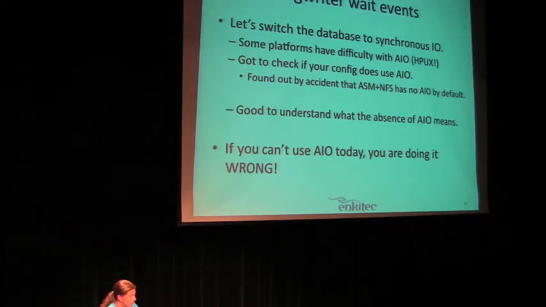Purely by accident, I found out that if you use ASM on top of NFS, so you create files, and you leave asynchronous IO set to true and think you're doing asynchronous IO, but you have file system IO options set to none, then you will do synchronous IO.